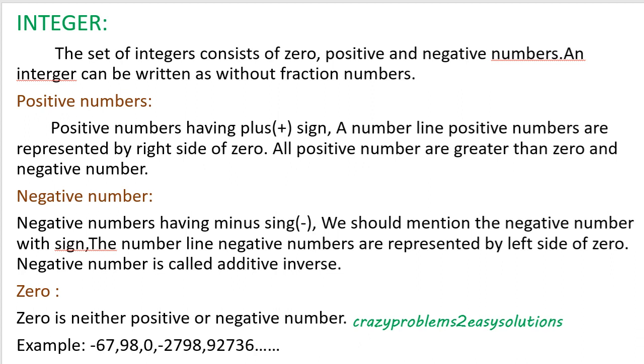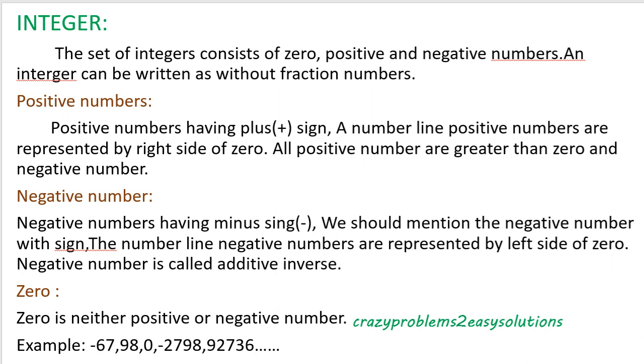Next, negative numbers. A negative number has a minus sign; we have to write the negative sign before the number, and only then can we call it a negative number. For a positive number the sign is not a must, but for a negative number the sign is a must. On the number line, negative numbers are represented on the left side of 0, and a negative number is called the additive inverse.